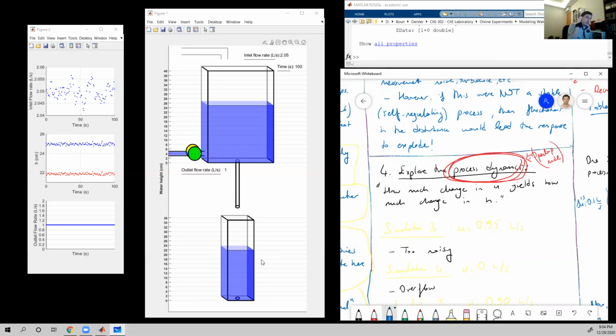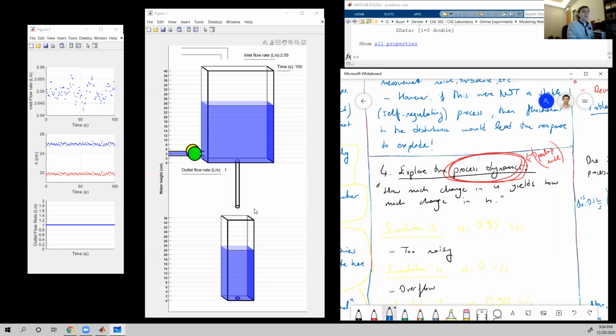There are two things. First of all, the time response. How will it respond with respect to time? A fast initial response, then a slower response. And at the end, when I'm at steady state, what is going to be the change corresponding to a certain change in outlet flow rate? What is going to be the corresponding change in the liquid level at steady state? And also in the dynamic period, or the transient initial period.